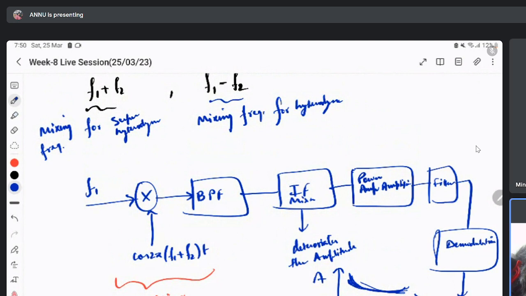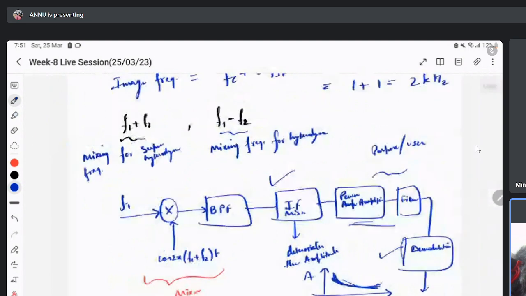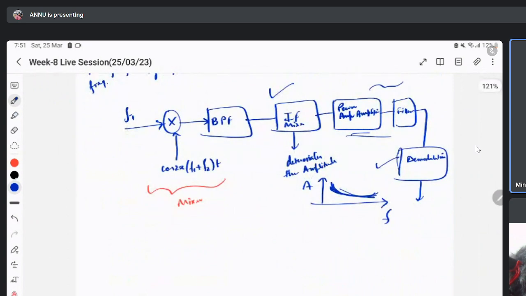After amplification you want certain levels, so suppose you require a particular pitch, you filter accordingly for that purpose. The main blocks are the IF mixer and demodulation, because this is a receiver, so you require demodulation at the end, and demodulation is also in the form of a low pass filter.